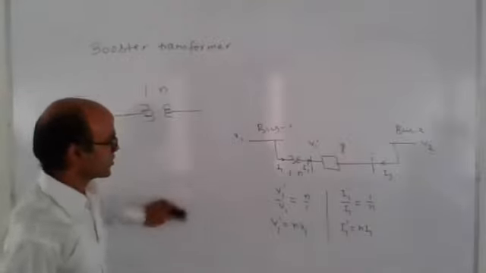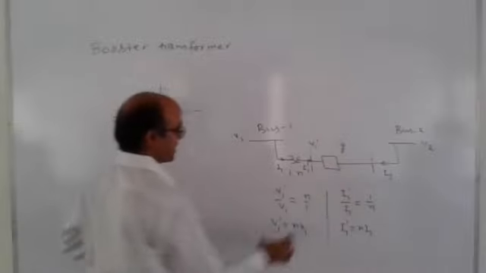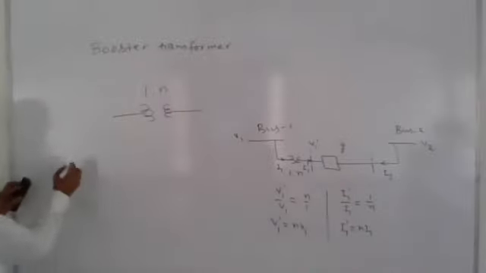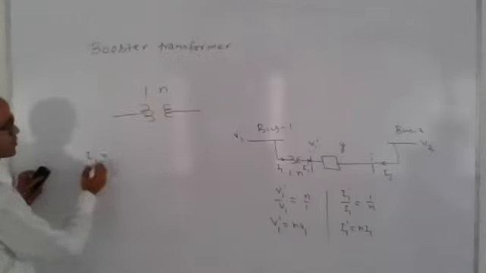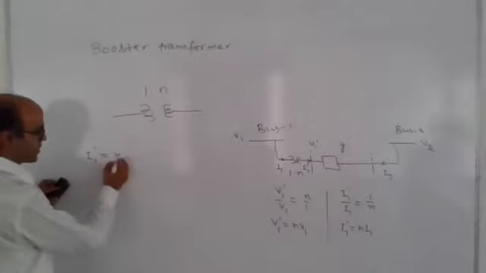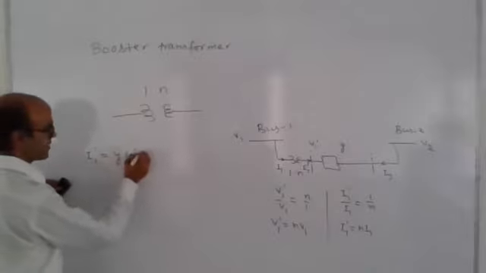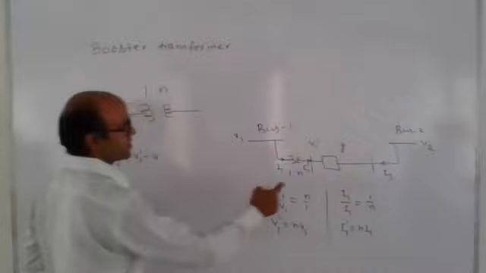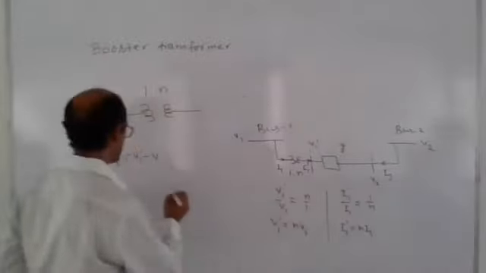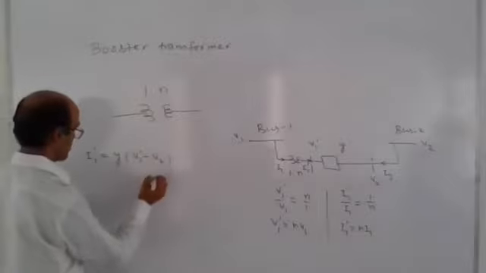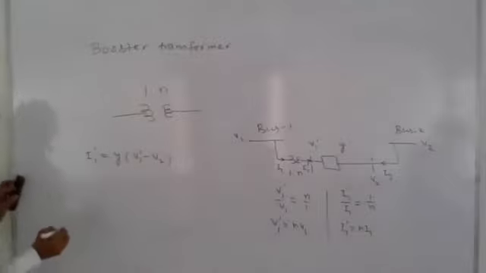Okay. So if I apply KCL at this point, what is the current? The injected current is I1 dash, equal to the admittance y into the voltage V1 dash minus this terminal voltage V2. So put the value of I1 dash and V1 dash.